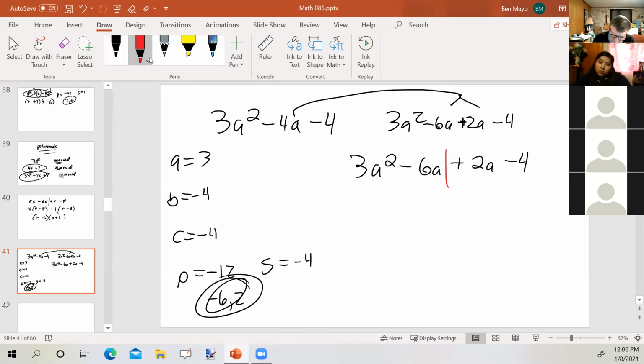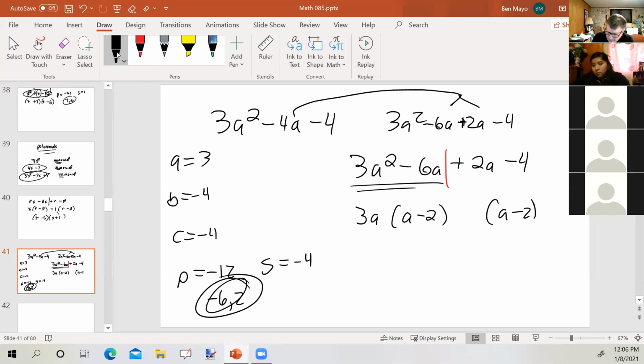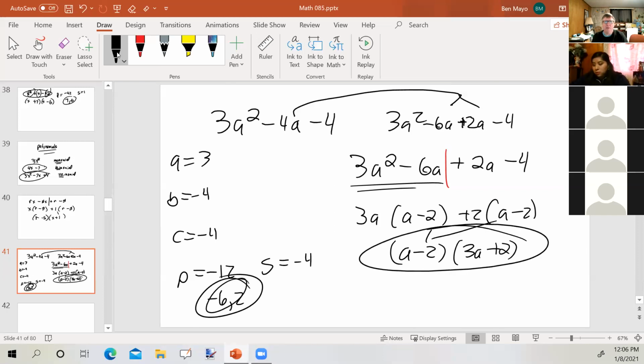Now we'll use factoring by grouping. The greatest common factor of the first two terms is 3a with an a minus 2 left over. So here we have an a minus 2 left over and a plus 2 outside. So we're going to take out an a minus 2 and have a 3a plus 2 left over. Does anybody want me to go back and use the trial and check method on this problem?